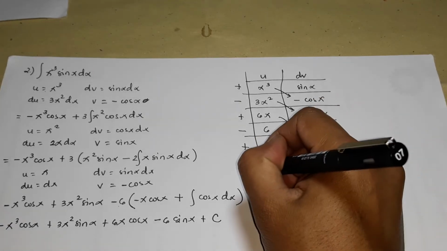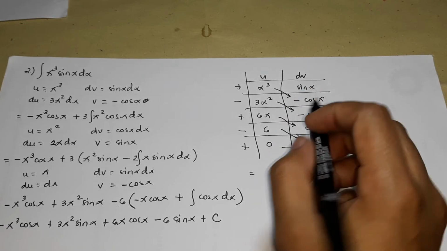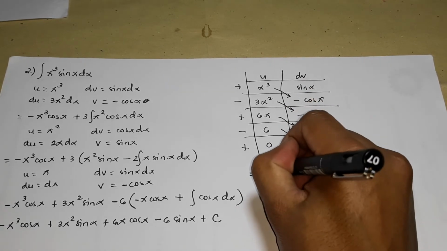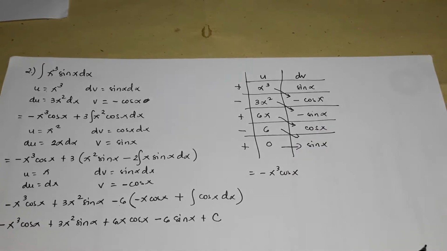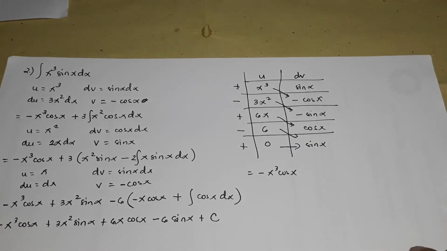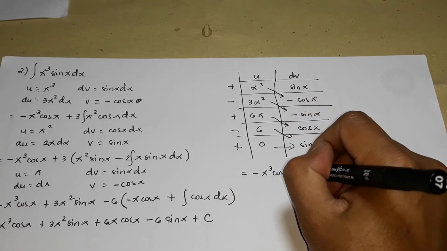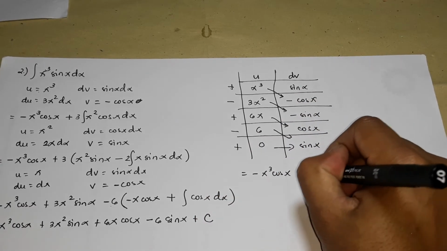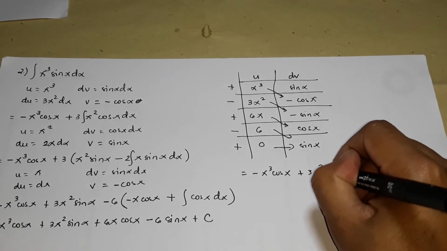So finally, we have positive x cubed times negative cosine x is negative x cubed cosine x. And then we continue. Negative 3x squared times negative sine x, so that will become positive 3x squared sine x.